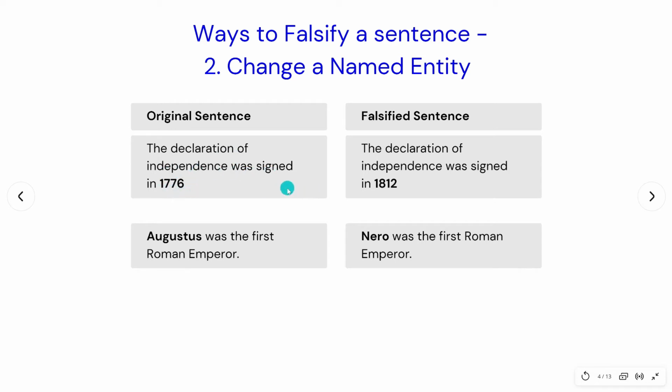You replace the named entity, that is the year here, with something else and falsify the sentence. Similarly, we have the statement Augustus was the first Roman emperor. We change the named entity Augustus to Nero, and now we get a falsified sentence.